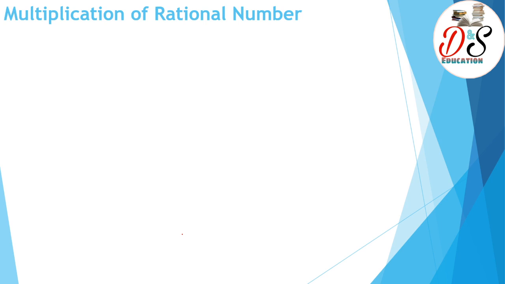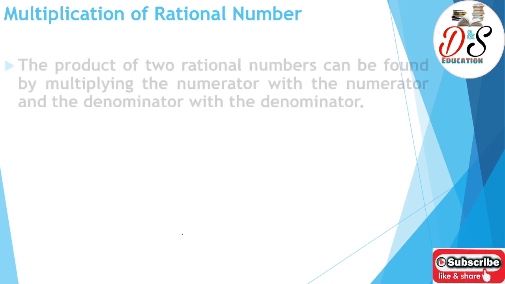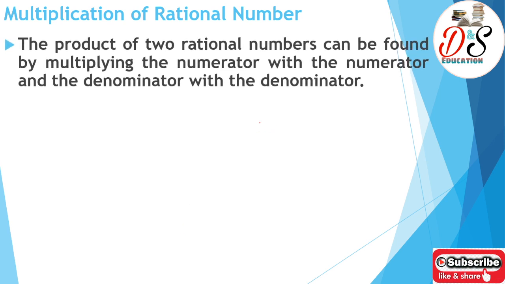Now moving on, we have next topic as multiplication of rational number. So multiplication of rational number says the product of two rational number can be found by multiplying the numerator with numerator and denominator with denominator। मतलब ये बोला जा रहा है कि किसी भी दो रेशनल नंबर का प्रोडक्ट आपको कैसे मिलेगा, आप उसके न्यूमरेटर को न्यूमरेटर से मल्टीप्लाई कर दो और उसके डिनोमिनेटर को डिनोमिनेटर से मल्टीप्लाई कर दो। लेट मी शो यू हाउ विल यू डू इट.